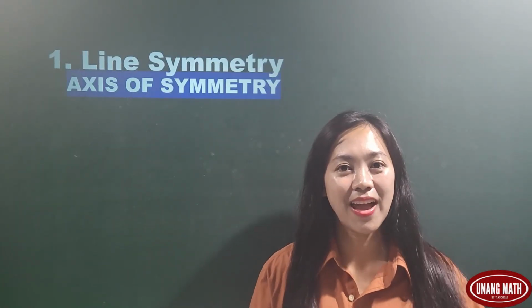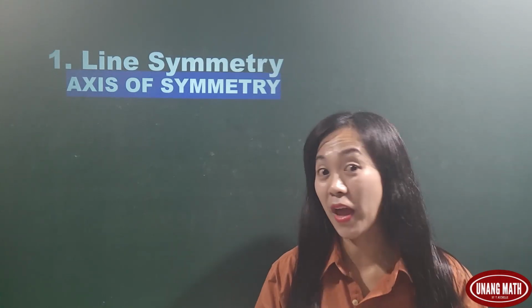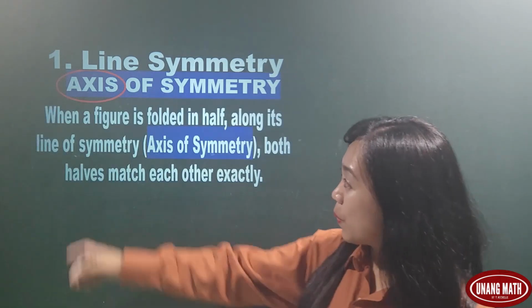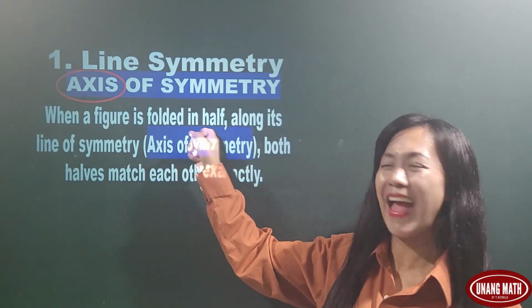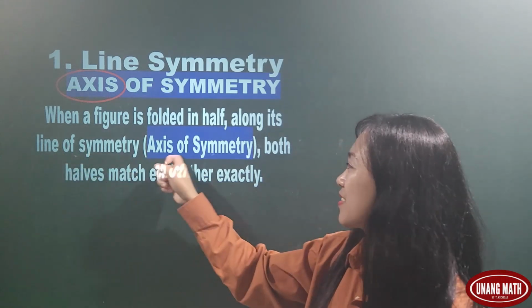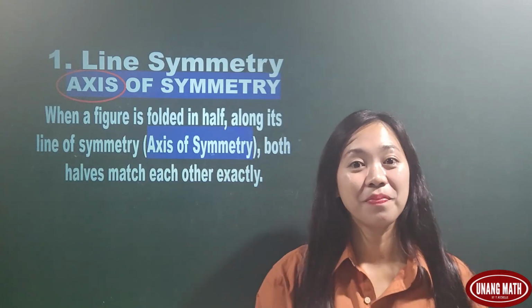Okay, so meron tayong dalawang uri ng symmetry at ang una dyan ang tinatawag na line symmetry or ang tinatawag nating axis of symmetry. Okay, ano nga ba ang tinatawag na axis of symmetry? Okay, when a figure is folded in half along its line of symmetry or axis of symmetry, both halves match each other exactly.